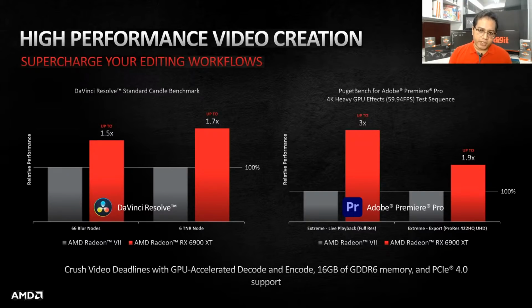In video editing, especially if you have a lot of GPU effects laid onto your timeline, you're going to see quite a lot of performance improvement because those workloads are pushed onto the GPU. Whereas if you don't make use of a lot of GPU-bound effects, then it's primarily going to be CPU bound, and the number of cores you have is going to help.